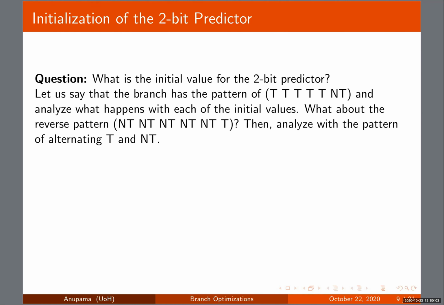That is the point, right? So let us say that the branch has the pattern of this, and analyze what happens with each of the initial values. What I would like you to do now is, supposing you start with 0, 0.